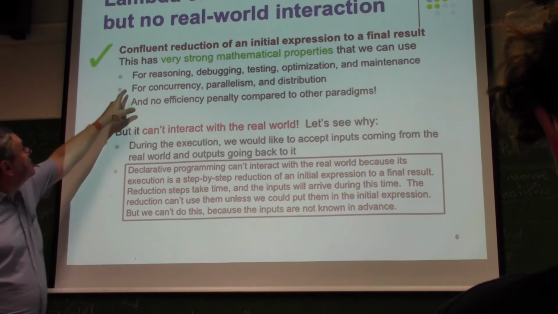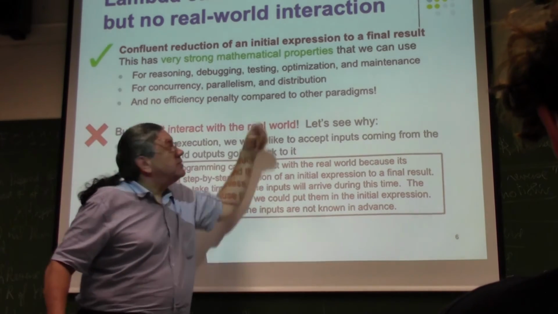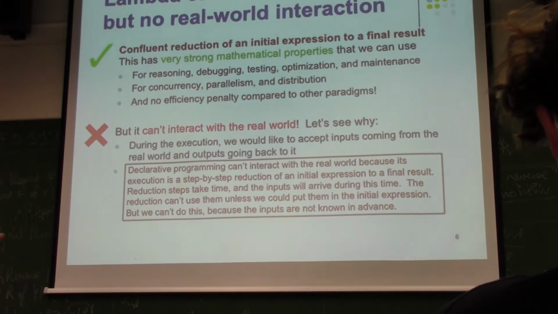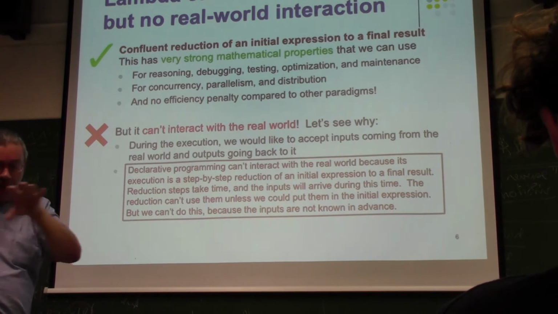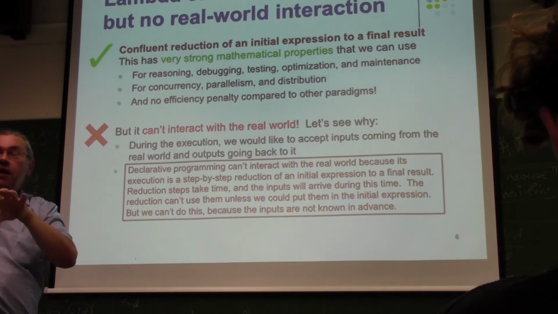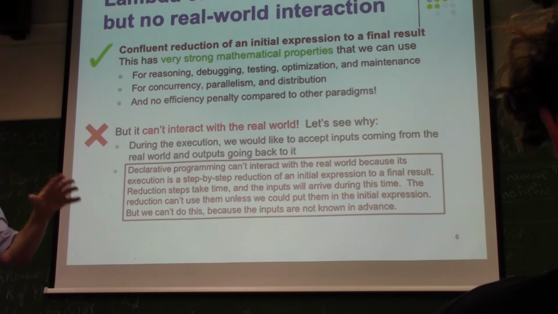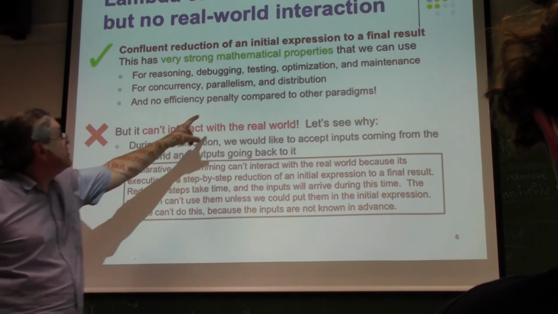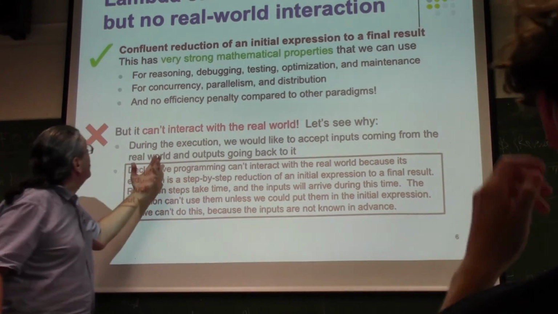This lets you reason about programs easily. Debugging is eased. Testing is much, much easier when you want to test multiple components. Then each one can be tested separately, and the complexity is additive. Whereas if it's not declarative, it's multiplicative, so it's much harder. So testing is easier here, optimization is easier, maintenance is easier.